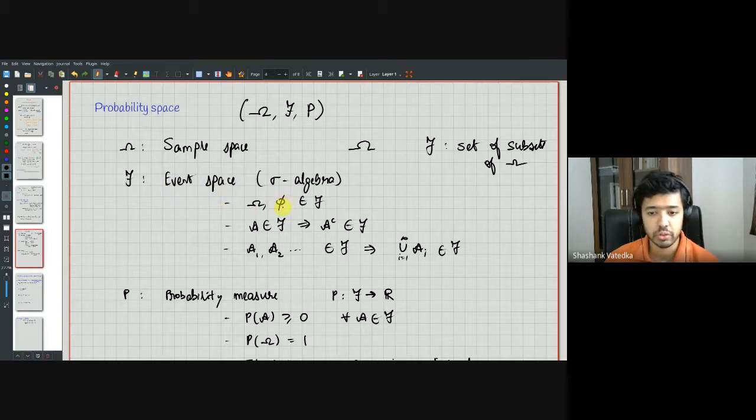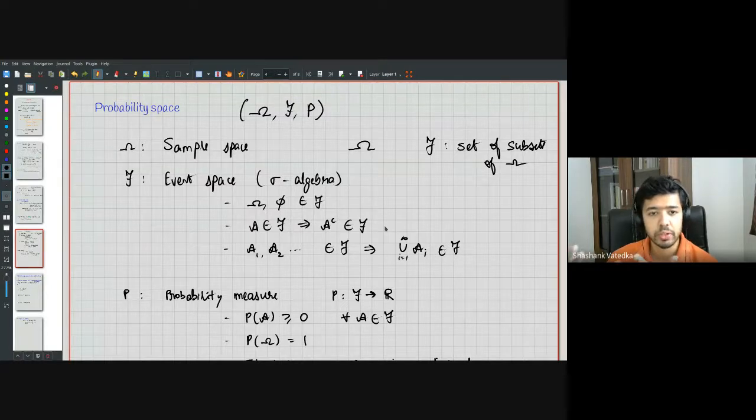So nothing happening and everything happening should be two events. And if you have an event, then the complement must also be an event. And if you have a countable set of events, then their union must also be an event. This is a valid collection of events for a probability space.